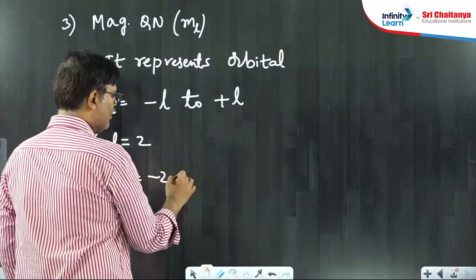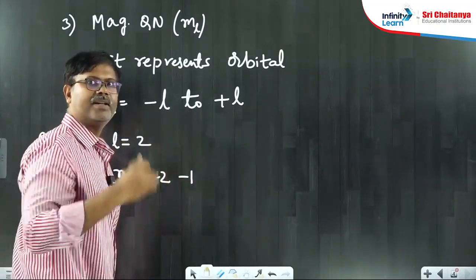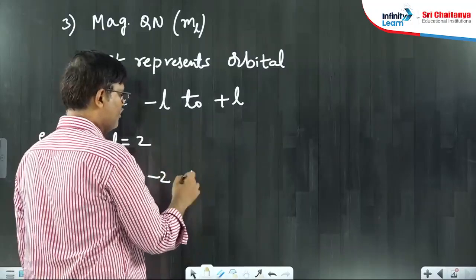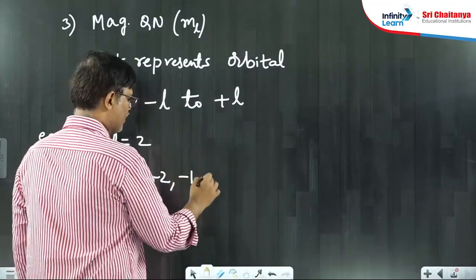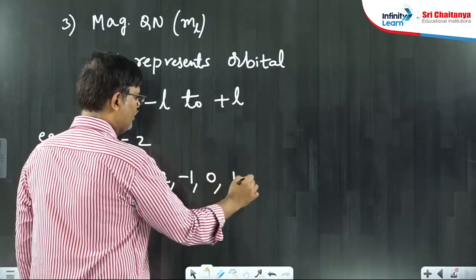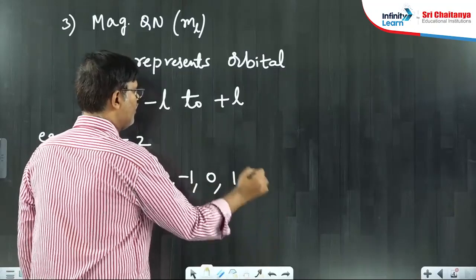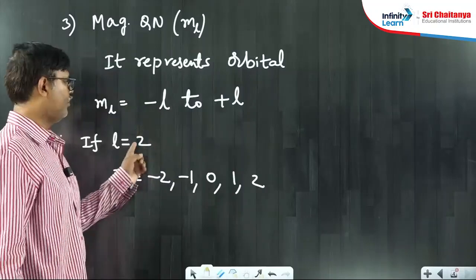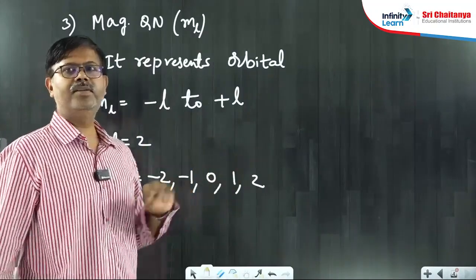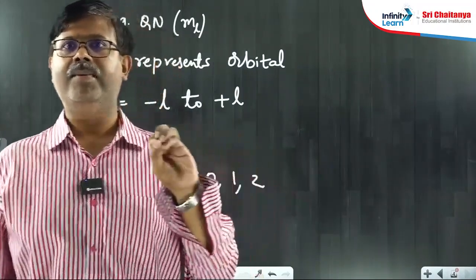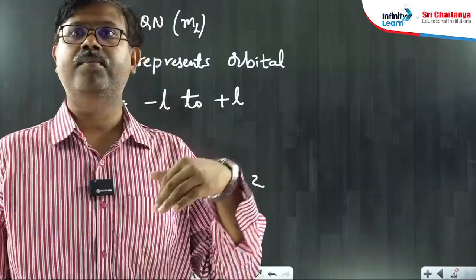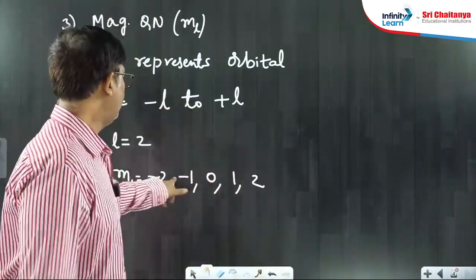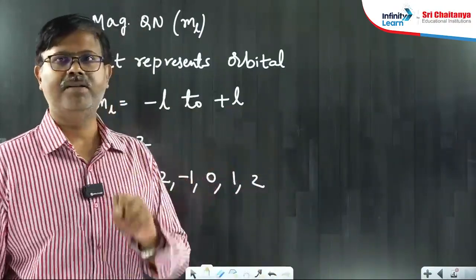After minus 2 come minus 1, 0, 1, and 2. You stop at plus L, up to 2. So these many orbitals will be present in the subshell, not more. 1, 2, 3, 4, 5: 5 orbitals will be there.